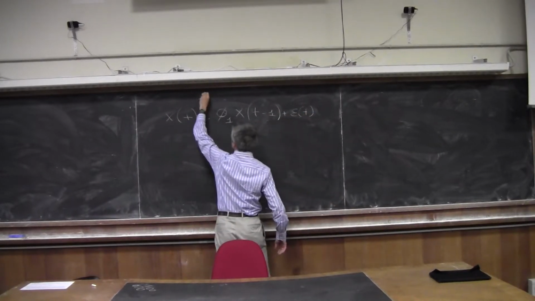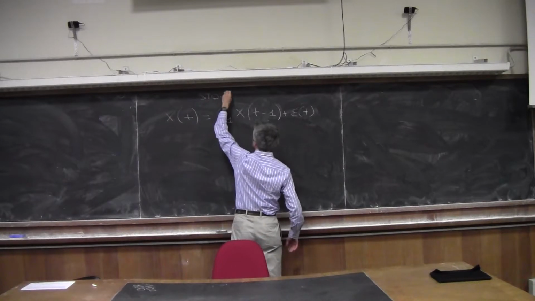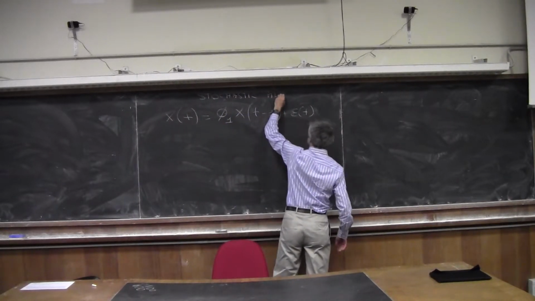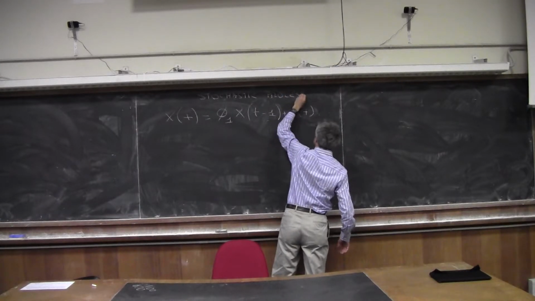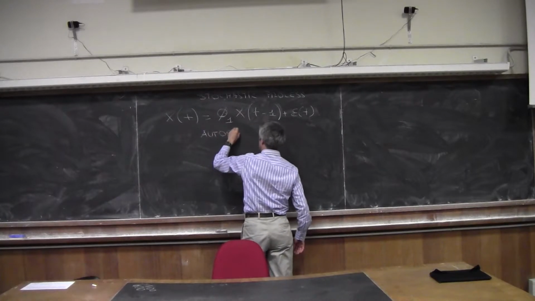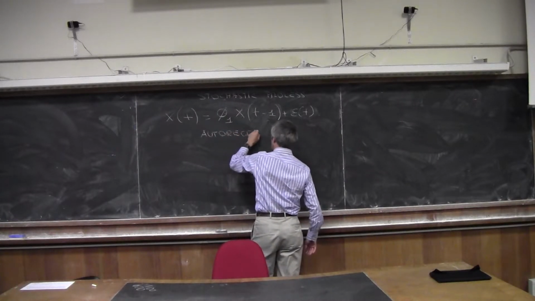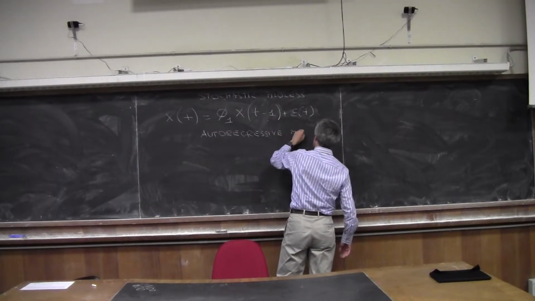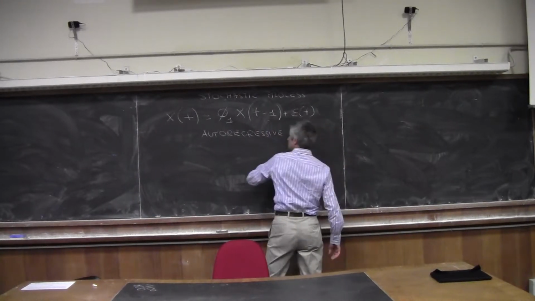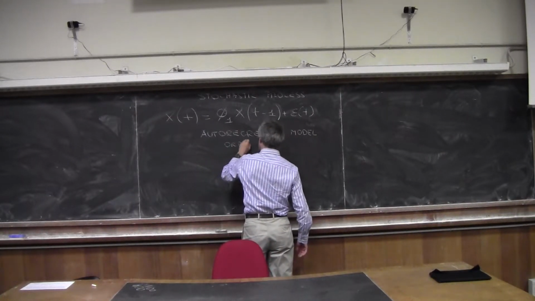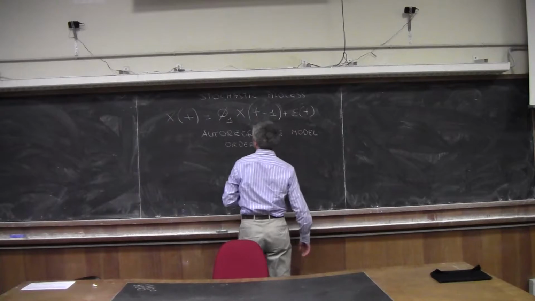This is a stochastic process. Then we said that this is an autoregressive process, or autoregressive model, more or less the same thing, and of order one. Okay, that's good.